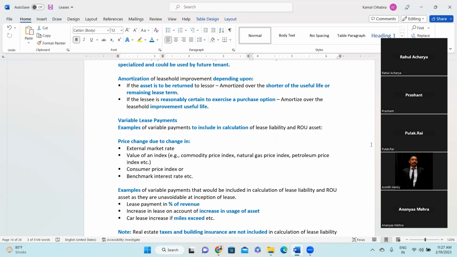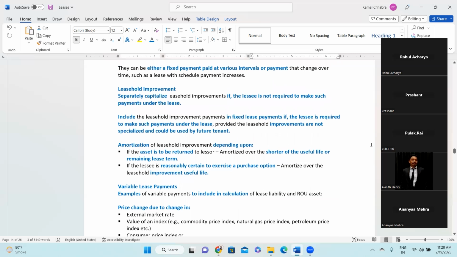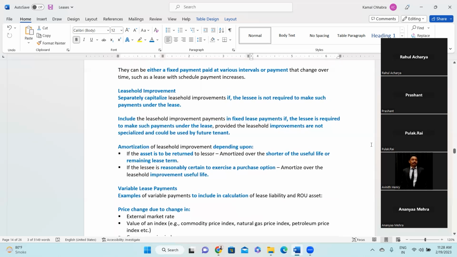If an option is given to the lessee and the lessee is certain to purchase the leasehold improvement you have made, then you can amortize over its useful life. Any doubts so far on the leasehold improvement side? So far so good?